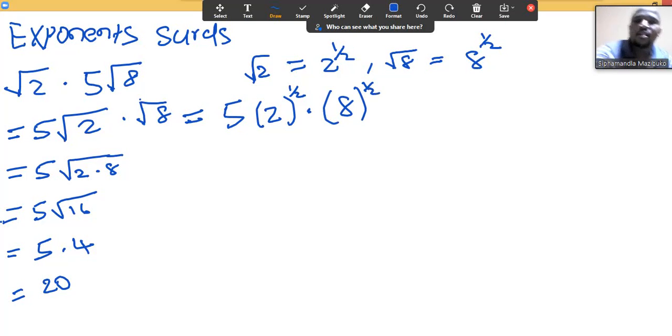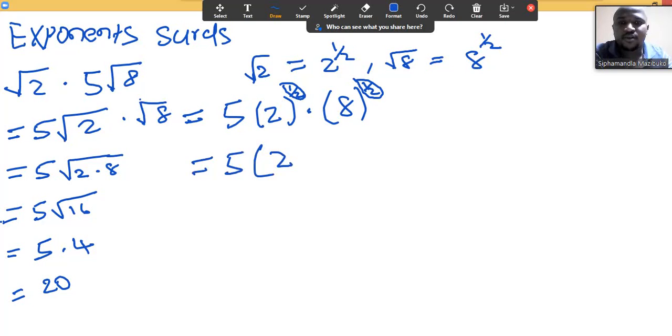So we're applying the laws of exponent. You can see the exponents are the same. We have half here, and we have half there. So that's why we can have 5 into 2 times 8 to the power half, because the exponents are the same.